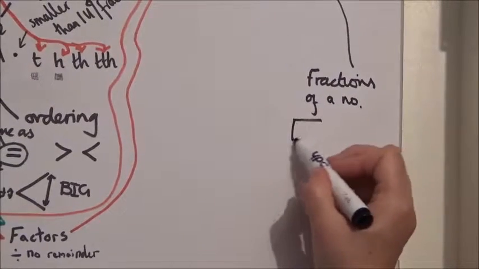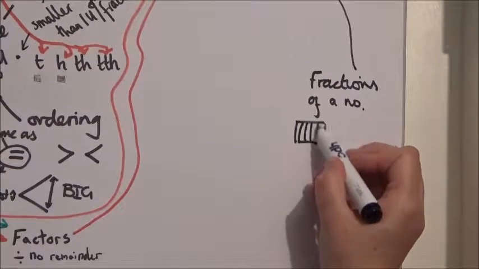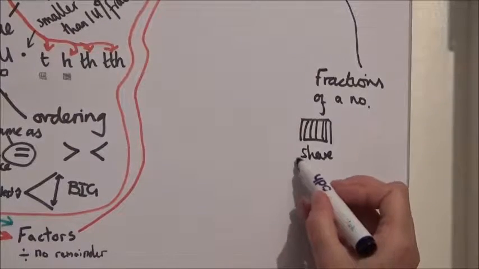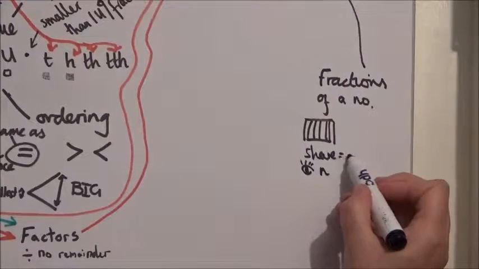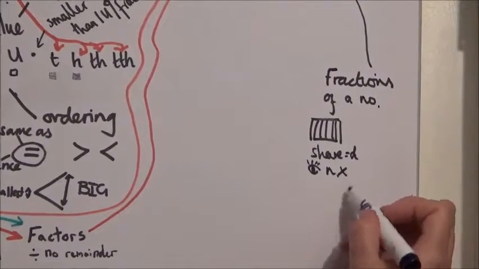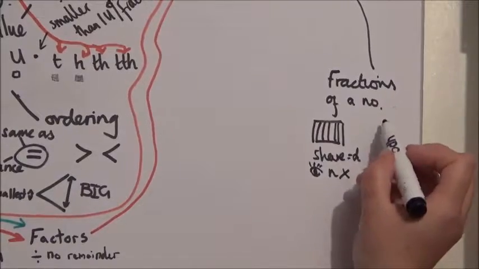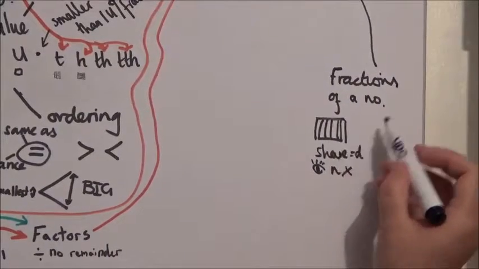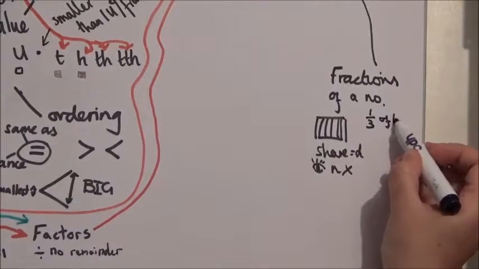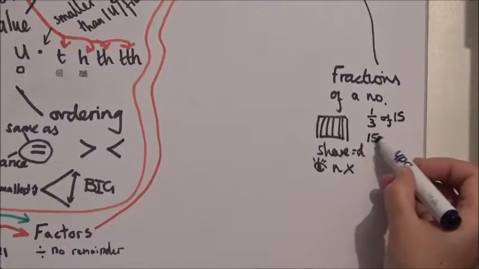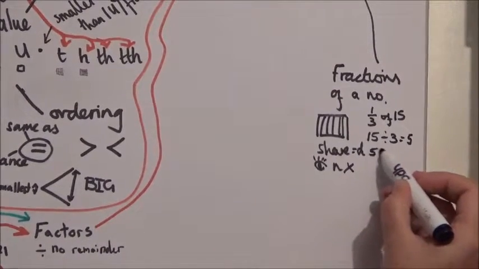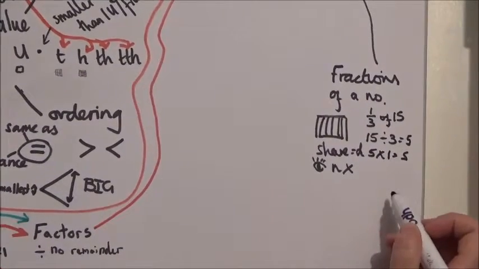Remember, we drew it out, we shared the number, we looked at the numerator, we shared it using the denominator, and we multiplied how many we were looking at. With Mr. Slay's version, it's just the same as this but without it being visual. We had the number, we shared the number across the denominator, and then we times our answer by the numerator.